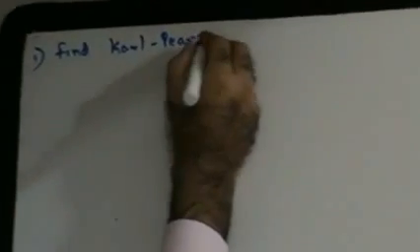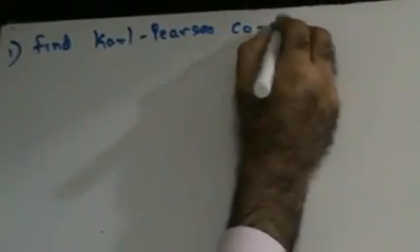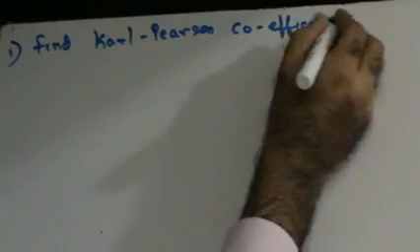Let's see this. First question. Find Karl Pearson's coefficient of correlation.